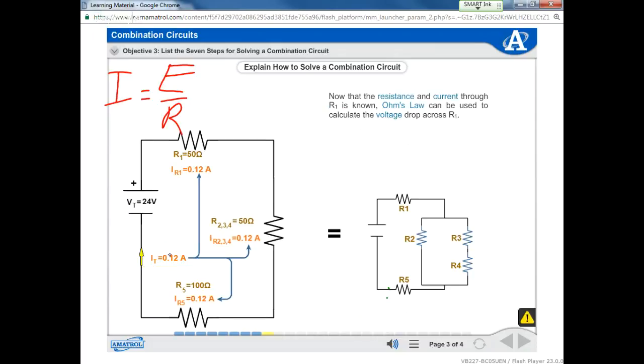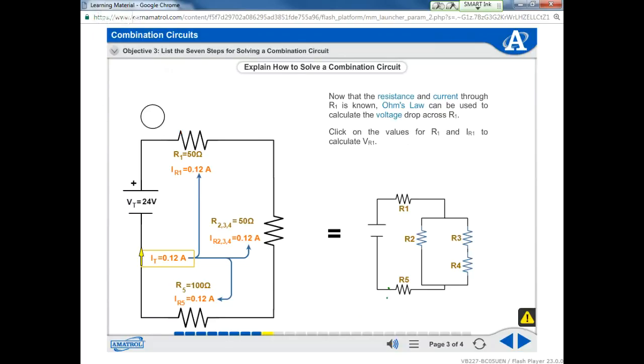Now that the resistance and current through R sub 1 is known, Ohm's law can be used to calculate the voltage drop across R sub 1. Click on the values for R sub 1 and I sub R1 to calculate V sub R1. Okay, so they want to know the voltage drop across resistor 1. What formula are we going to use?